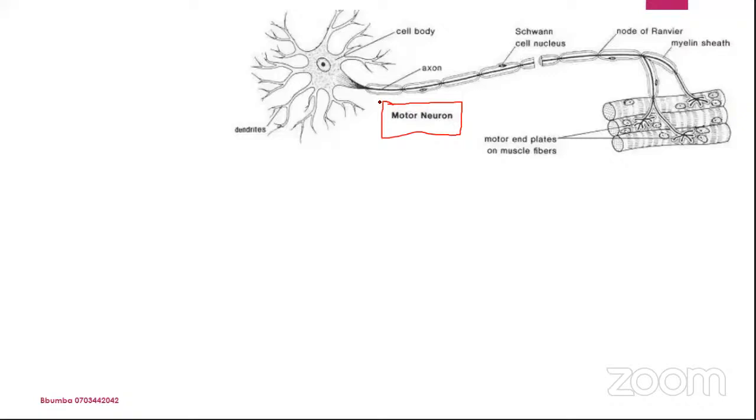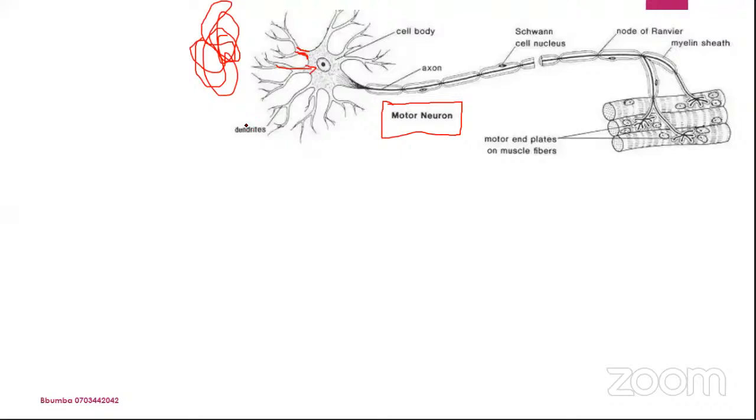So I've been telling you that the motor neuron is made up of a cell body. Now this cell body is served by dendrites, or you can call them dendrons. Their impulses have been generated, and then they travel to the cell body. So that means the function of the dendrites is to conduct.